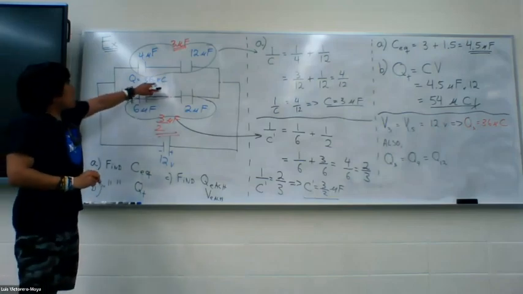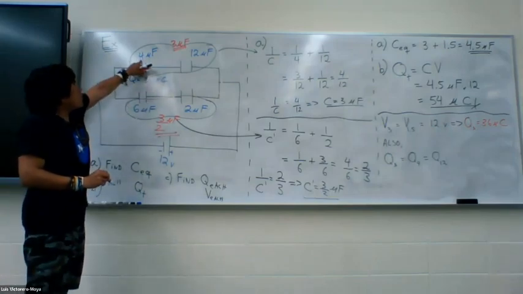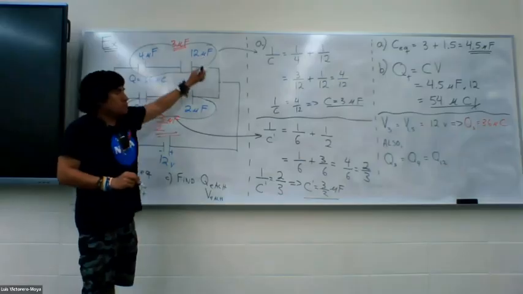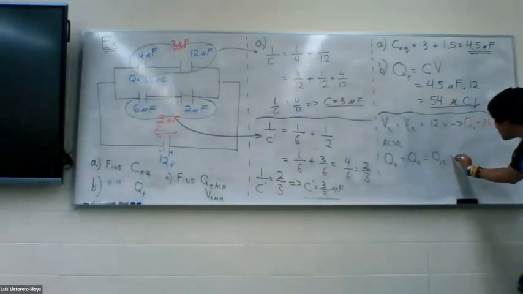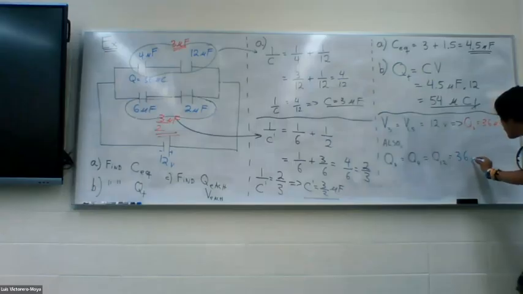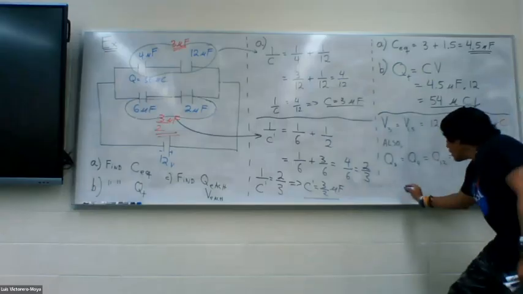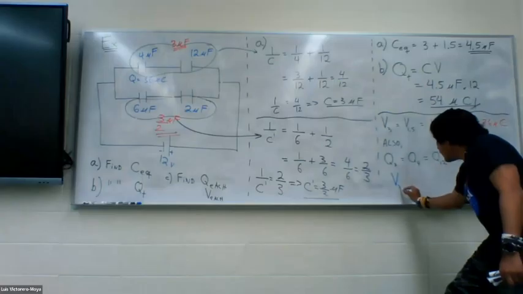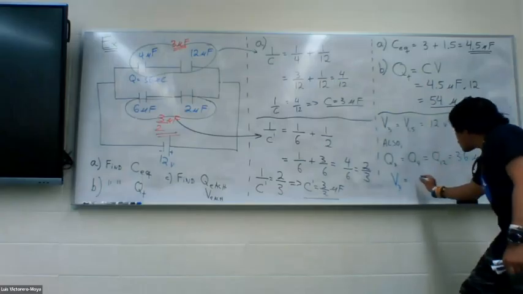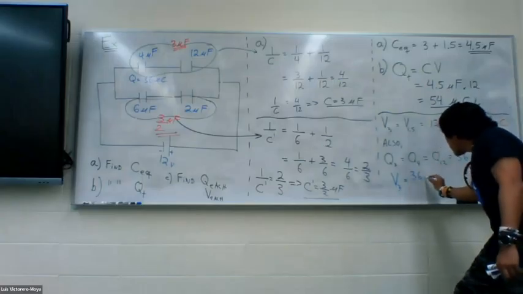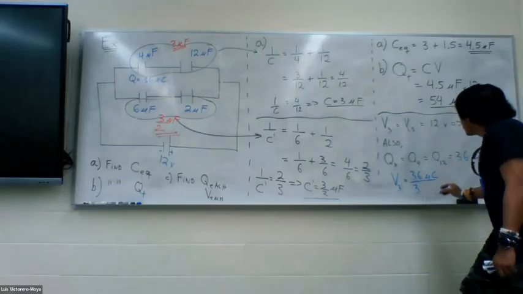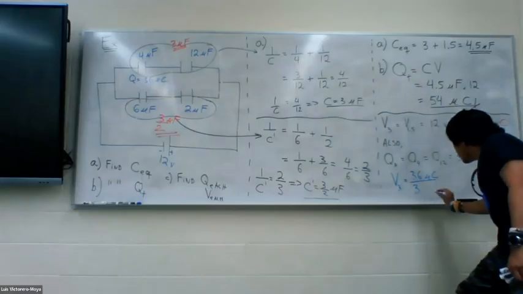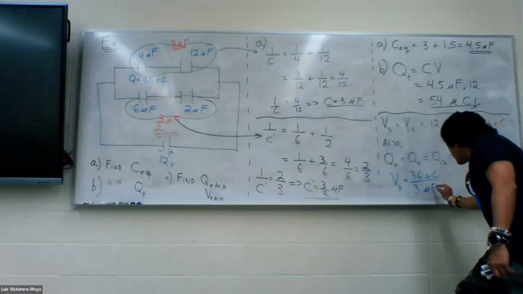If the charge is 36, you can find the voltage on 4 and the voltage on 12. This is equal to 36 microcoulombs. Then the voltage on 4 is the charge divided by the capacitance. And what's that?